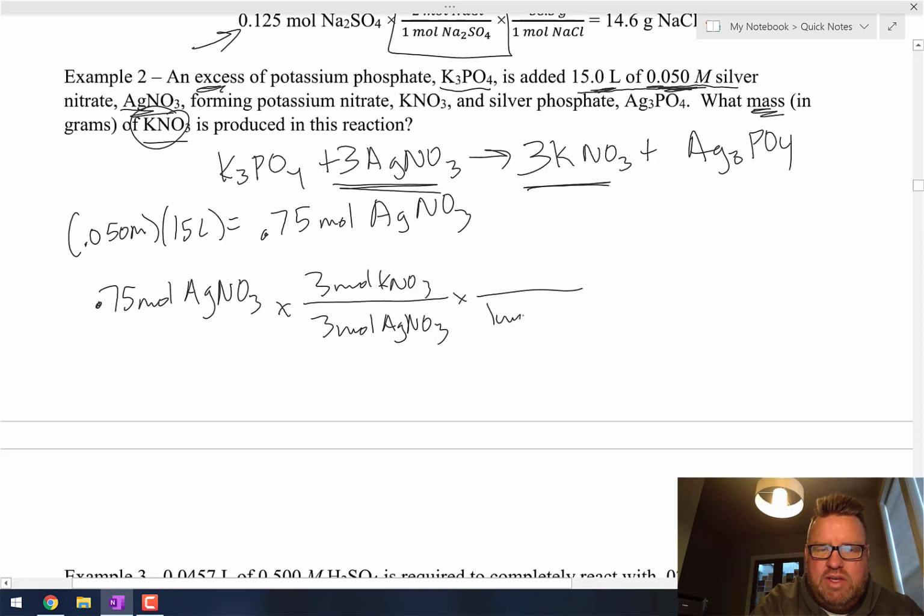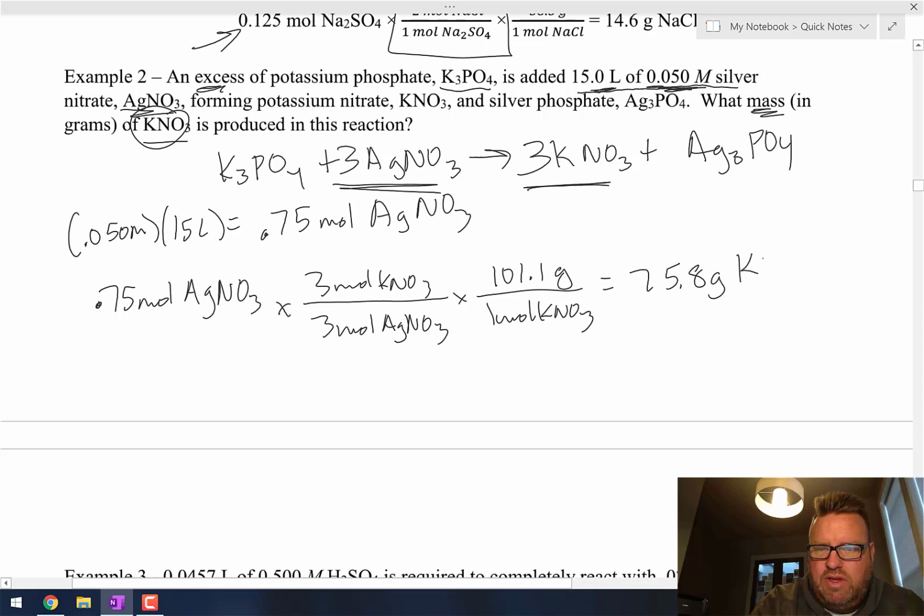And then we can say that 1 mole of KNO3 has a mass of 39.1 plus 14 plus 48 equals 101.1 grams.